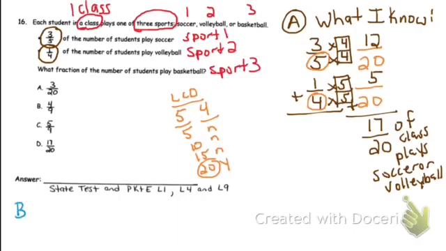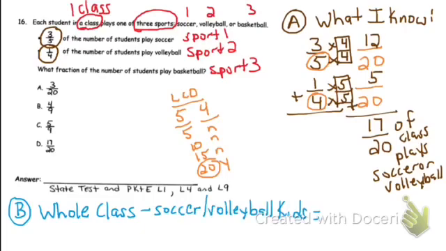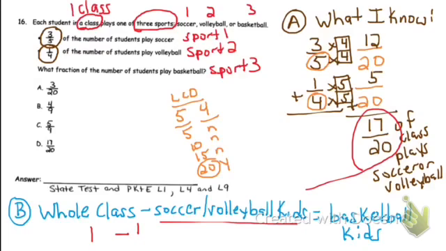So I'm going to set myself up for step B, which is my total, or my one whole class, minus the soccer or volleyball kids, which will equal whatever kids are left in the class, and I know that those are the basketball kids. And again, as we learned with fractions, if it's a whole of something, it's 1. So my whole class is 1 minus the soccer and volleyball kids, which I figured out was 17/20. So it's going to be 1 minus 17/20.